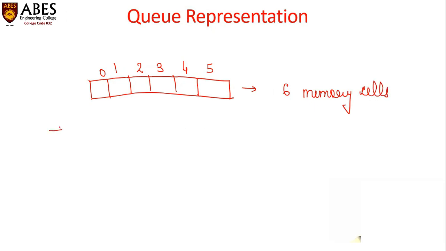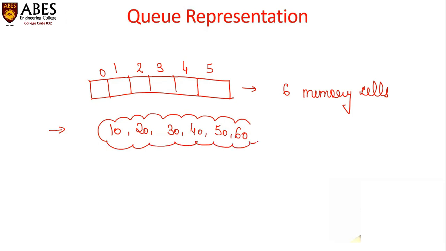And let us assume there are a few elements 10, 20, 30, 40, 50, and 60. These elements need to be inserted inside this queue. As we know, the insertion and deletion can be done from both ends, but from different ends.